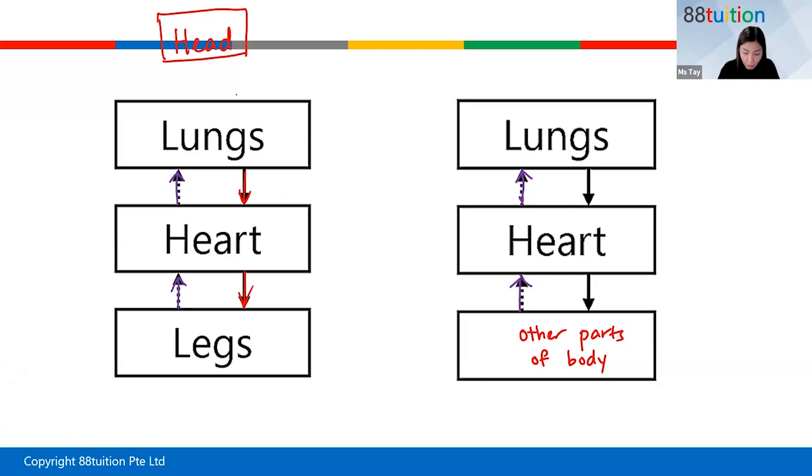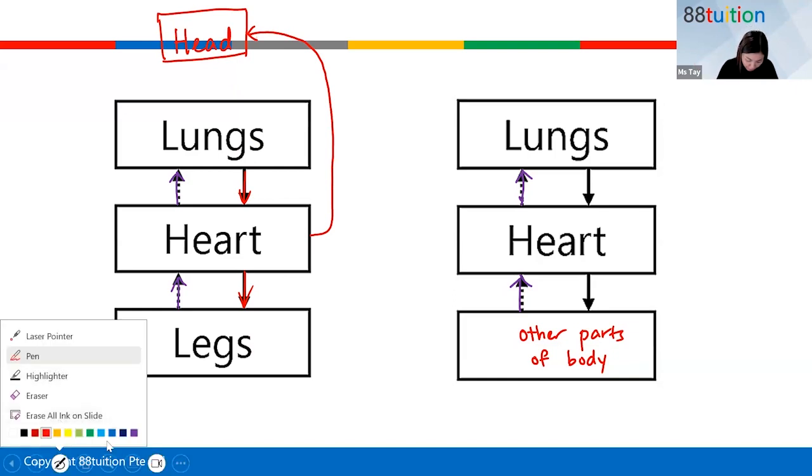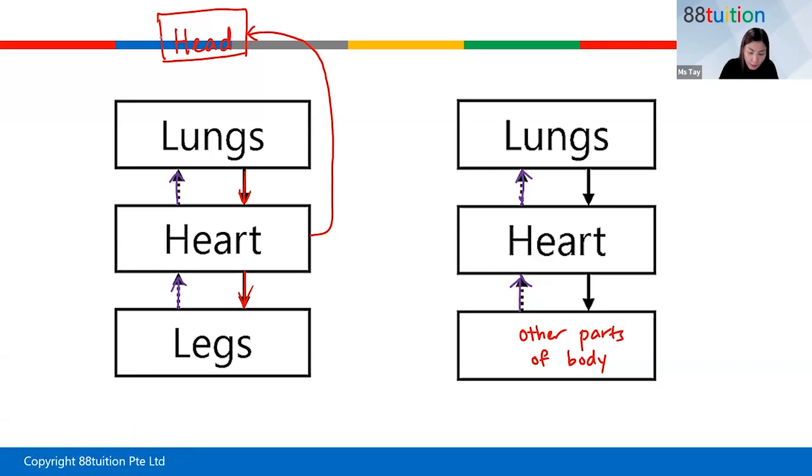So blood will also flow from the heart to the head, with a lot of oxygen. Then after the blood has passed through the head, oxygen is used up for respiration. The blood will carry more carbon dioxide now. So it moves this way.